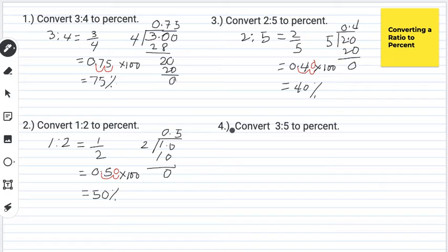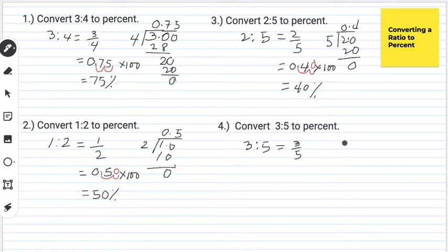Next, example number 4, we have 3 is to 5. Convert this one to percent. So 3 is to 5. We have to copy that one and write this one in fraction form. 3 over 5.